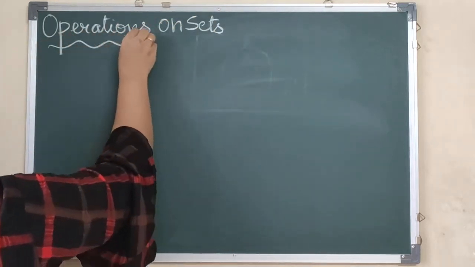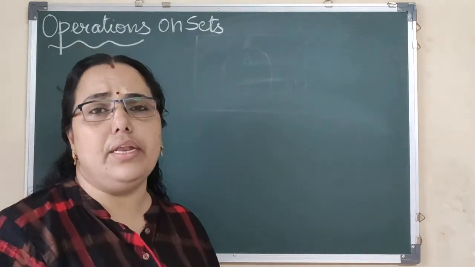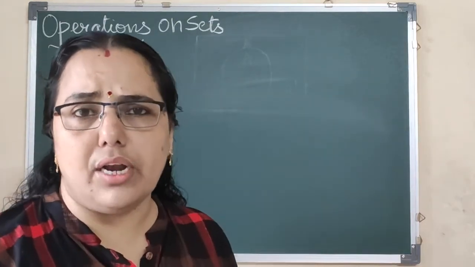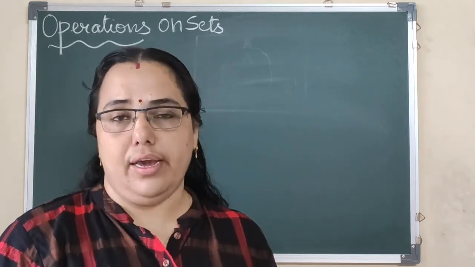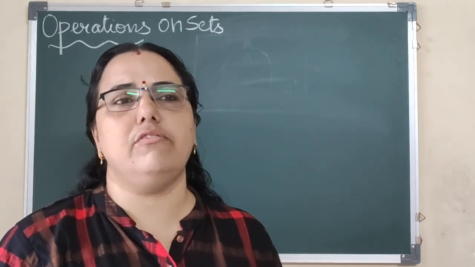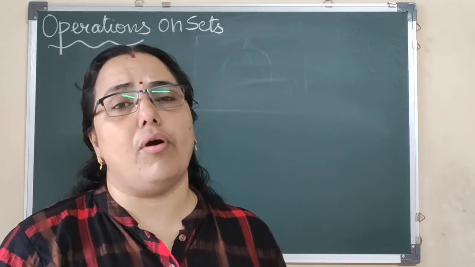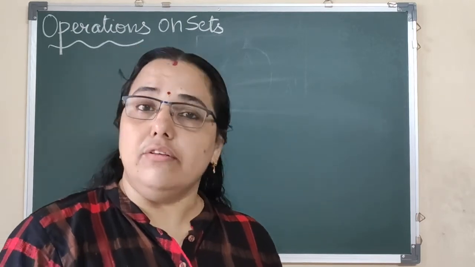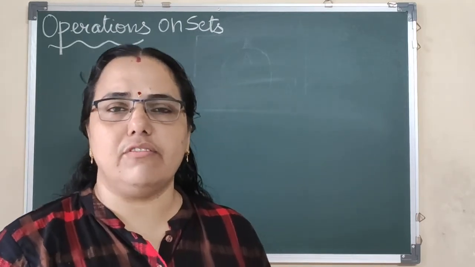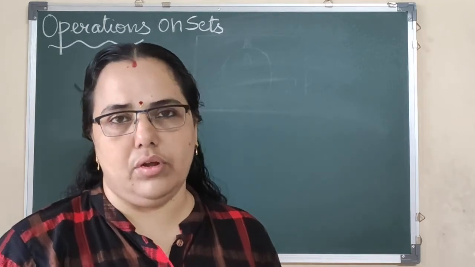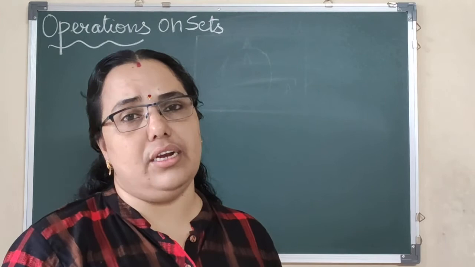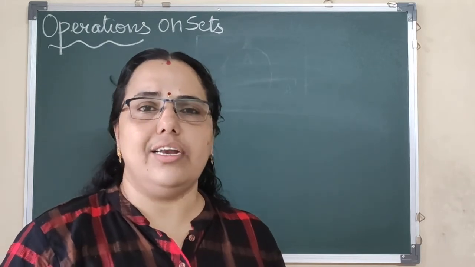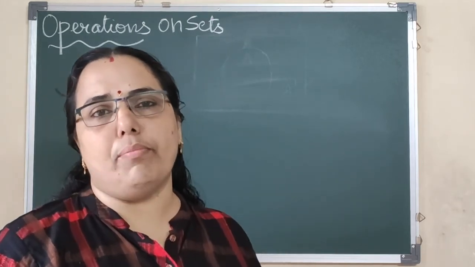This word operations, you know there are many different types of operations among numbers which you have already studied, like multiplication, division, addition, subtraction, the four operations on numbers. Same way when we talk about sets, there are two operations. One is union, the second one is intersection. We study both one after the other with all the properties.